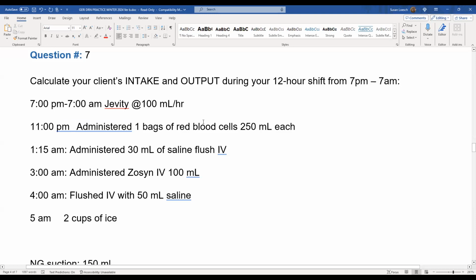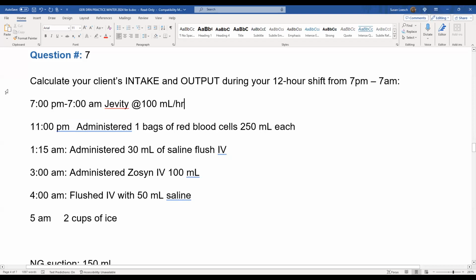All right, this is running at 100 mLs an hour for 12 hours, so that's going to be 1200. Make sure when you read across here, this is just one bag at 250, right? So that's 250.